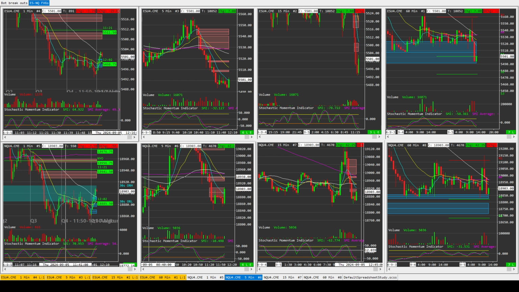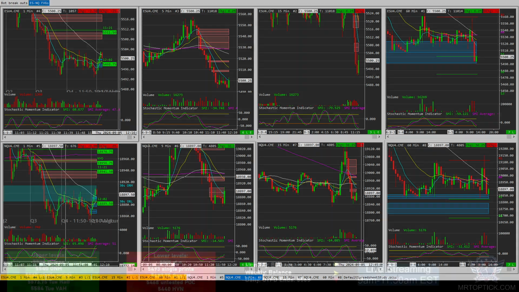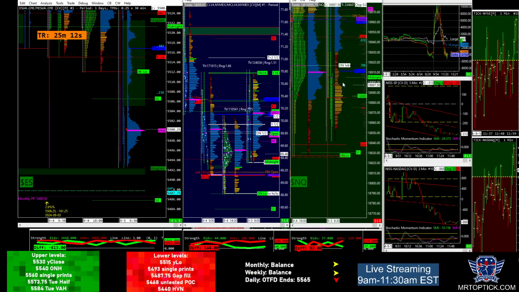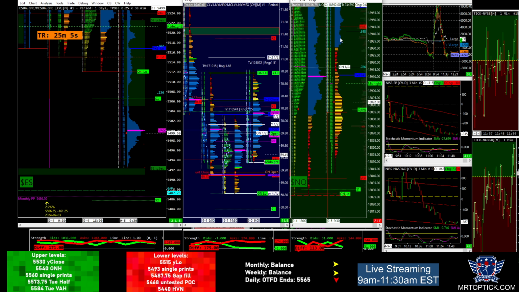And if you look at the, hold on, let me switch screens. If you look at the volume profile, you see there's a little ledge here of volume. You see that? So above that is where I put my stop.